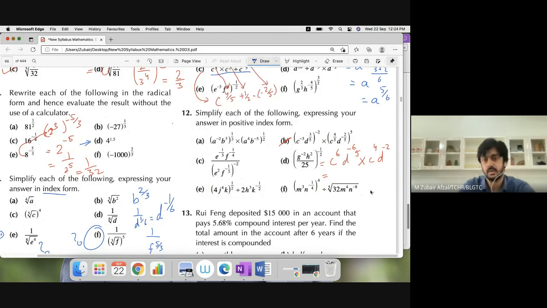Okay. Now what do you do? Simplify the powers. This is C raised to power 10 and D raised to the power minus 6 by 5 minus 2. Take the LCM and you have your answers.